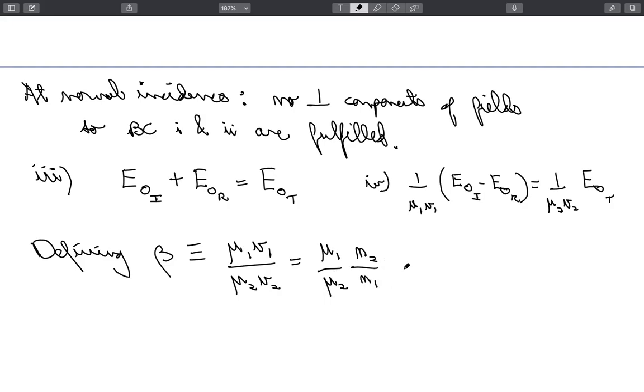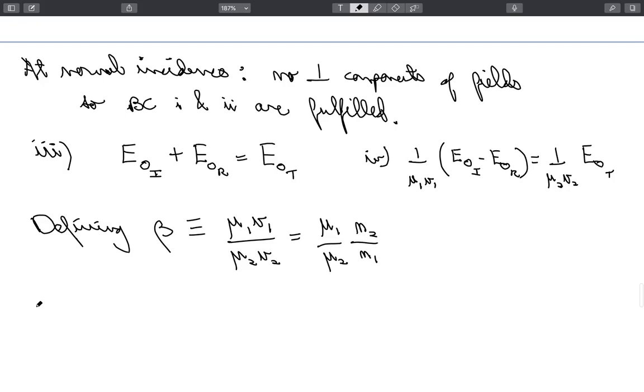So that's just a handy little factor. If we rewrite these two equations, we can remultiply by mu1 v1, then take plus and minus of this equation, very simple algebra. What you get is that E0I minus E0R is equal to beta E0T. That's this one here, which we've just rewritten with this beta.